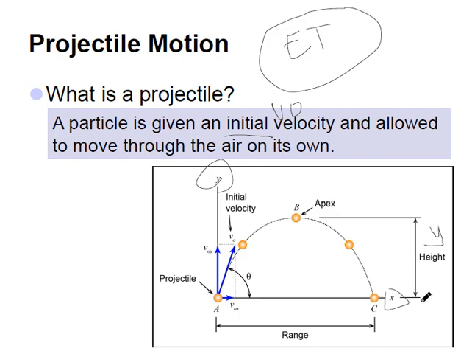Your range, you can get from the X coordinate axis number. Your origin is 0, where the projectile began, and here is your velocity vector. It has an i direction going that way, the positive direction on the X, and a j direction going this way, the positive direction on the Y.